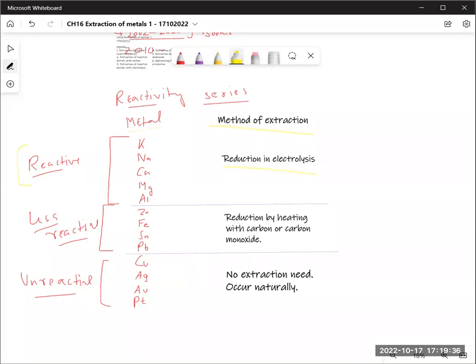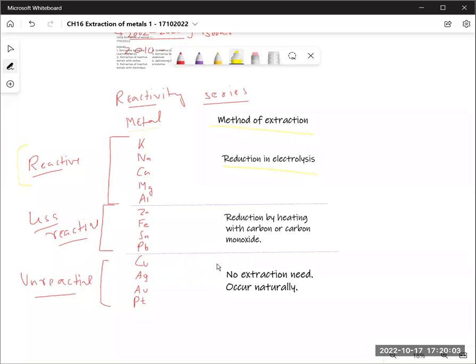Reactive, method of extraction, a reduction in electrolysis. Less reactive, Lola, read the next one. Less reactive, reduction by heating with carbon or carbon monoxide. Diana, the last one. No reactions occur naturally. Okay, naturally. So you don't need to extract them.